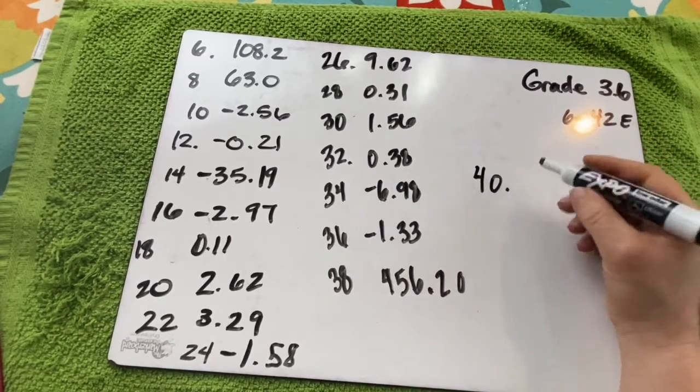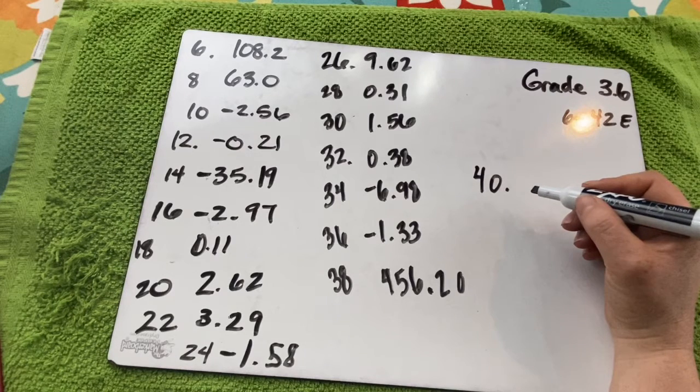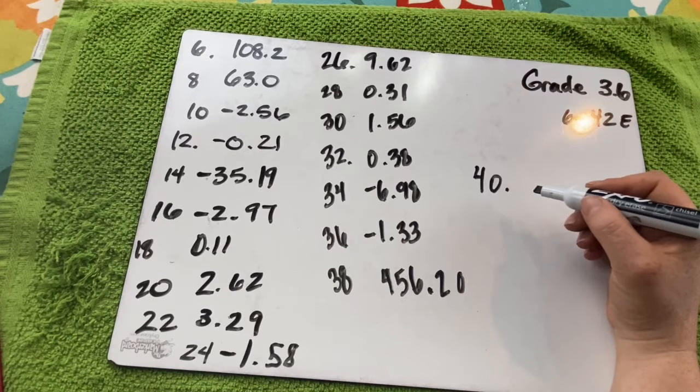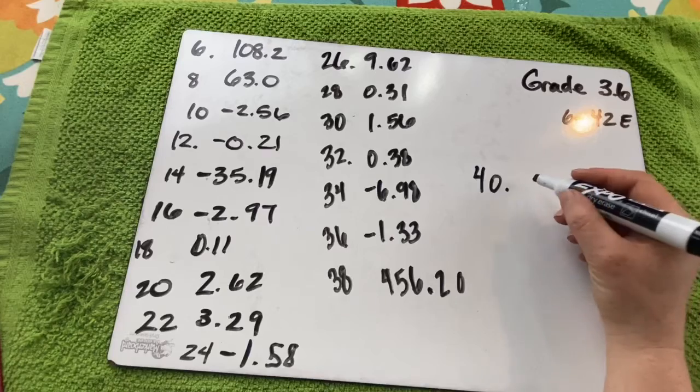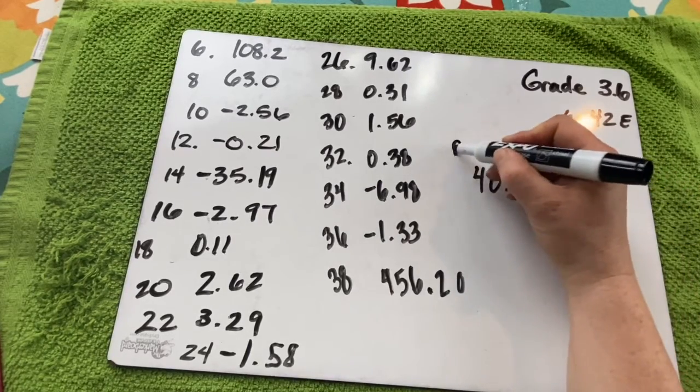40. It says multiply the equation by the power of 10 and then write the equivalent. Okay, I didn't really show you how to do that, so if you did it, I'm going to call this the bonus.